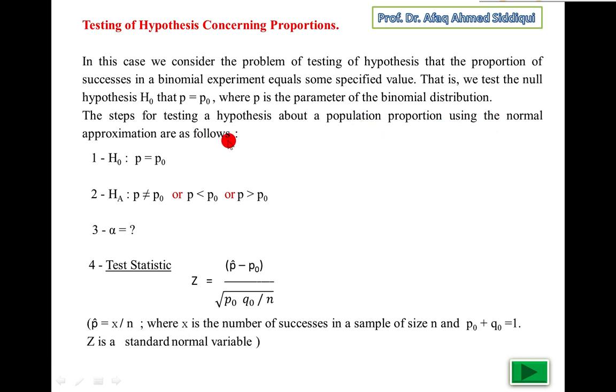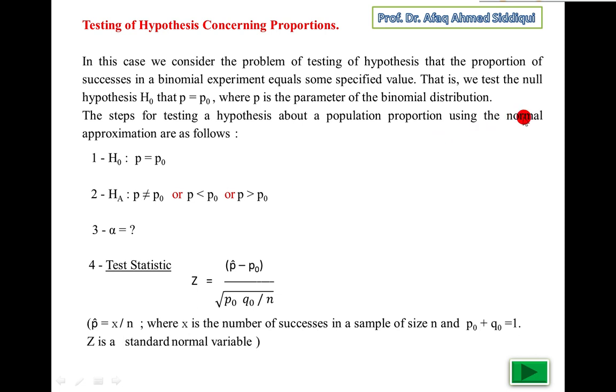You know that in the case of binomial probability distribution, when the value of n is large, more than 20, and P is more than 0.05, we apply the normal distribution. We use the normal approximation. The same as here, in this testing of hypothesis, sample sizes are large and P is more than 0.05. This is the assumption for this testing of hypothesis.